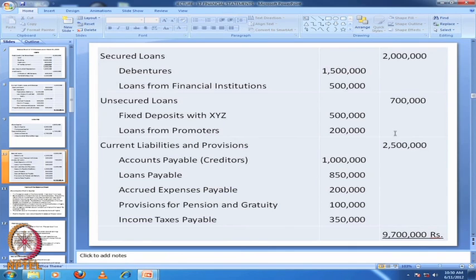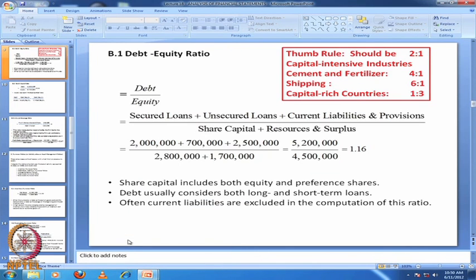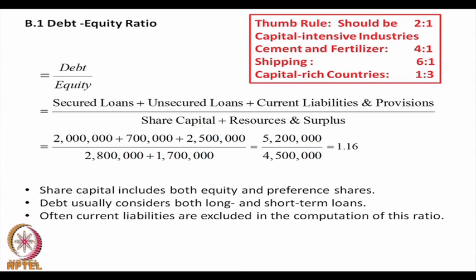So, this totaling will give us the debt. And this came to 5,200,000 and the ratio is 1.16.